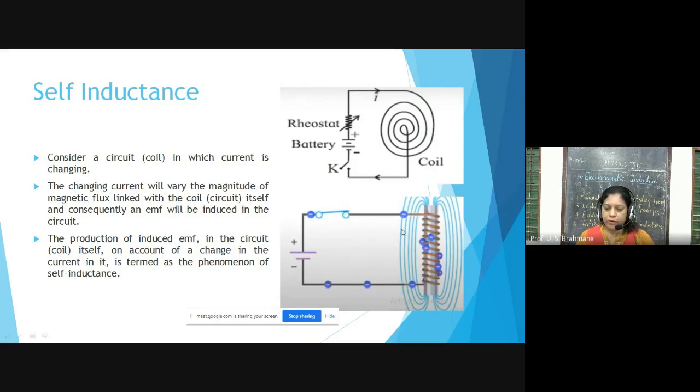Because of the magnetic flux, there is current, and because of that current, EMF is induced in the same circuit, in the coil itself. So it is called self-inductance. The production of induced EMF in the coil itself on account of a change in the current in it is termed as the phenomenon of self-inductance.